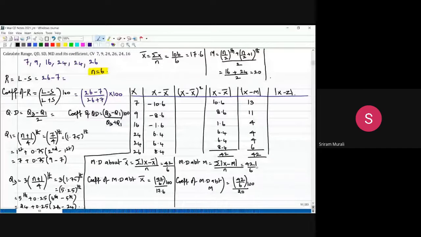And lastly, we have to find MD about mode. The same formula, sigma of modulus x minus Z divided by n. Also find the coefficient of MD about mode. Let us see, which is the highest repeated observation? 24, am I right?